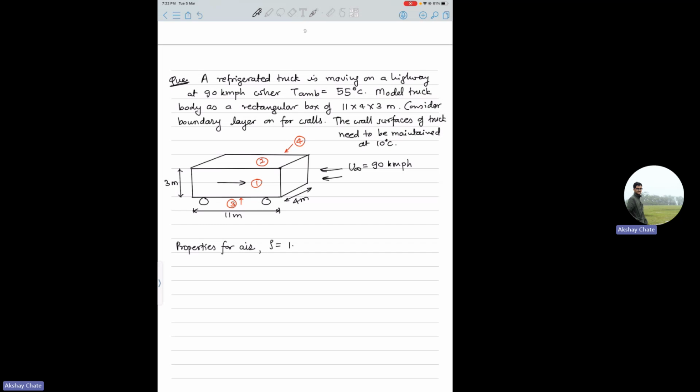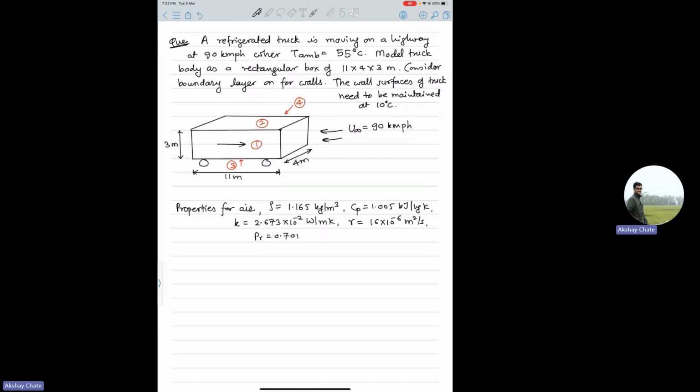They have given density as 1.165 kg per meter cubed, Cp as 1.005 kilojoule per kg Kelvin, thermal conductivity as 2.673 into 10 to the power minus 2 watt per meter Kelvin, kinematic viscosity as 16 into 10 to the power minus 6 meter square per second, Prandtl number as 0.701, and find the following.